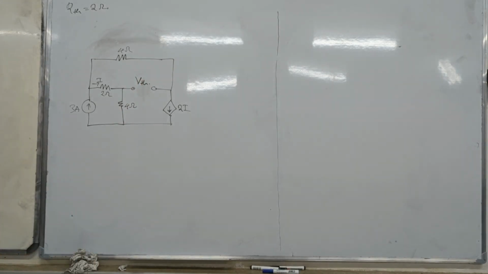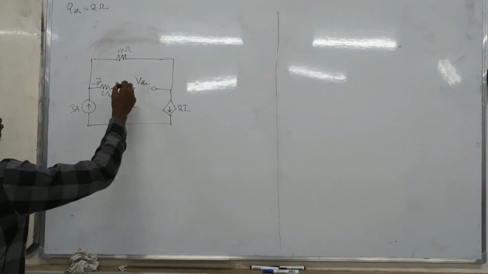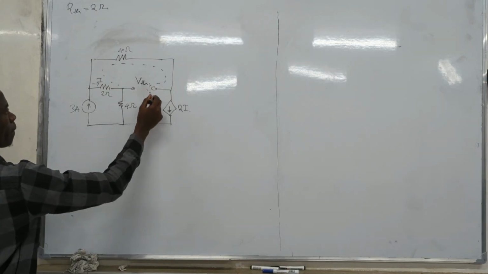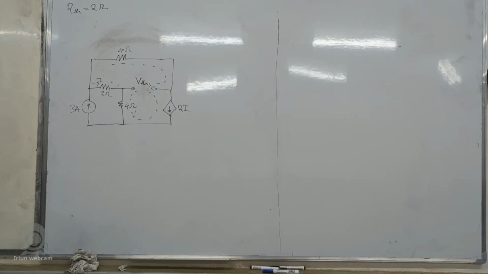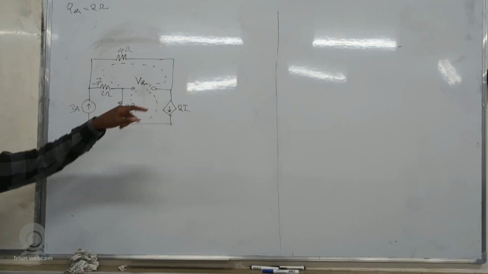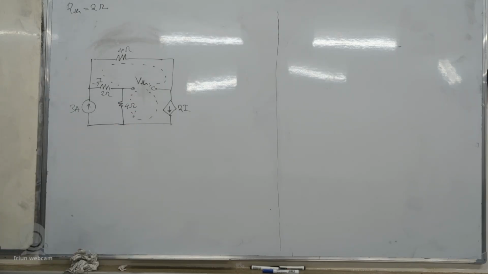That's our VTH. So we walk around which mesh? This point is open. This point is open. It's open. That's the first step when you are getting VTH.